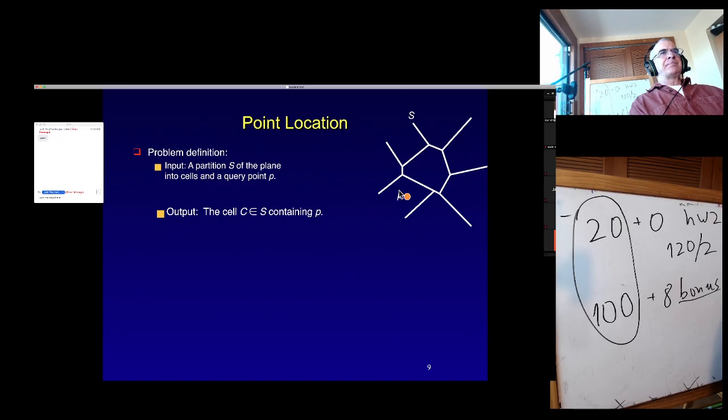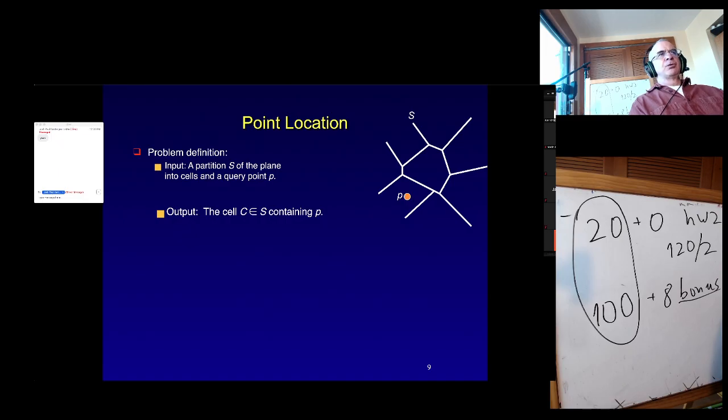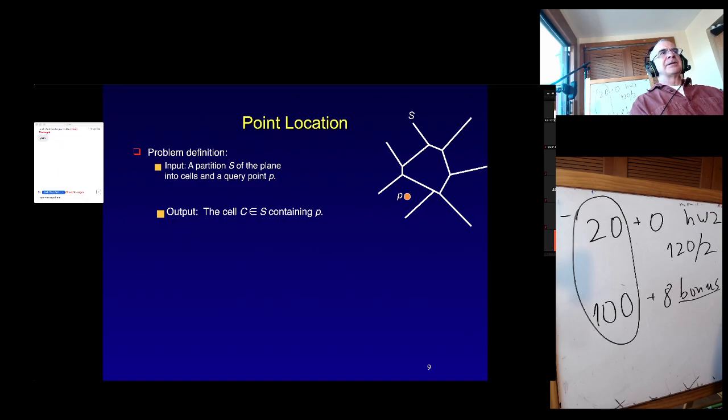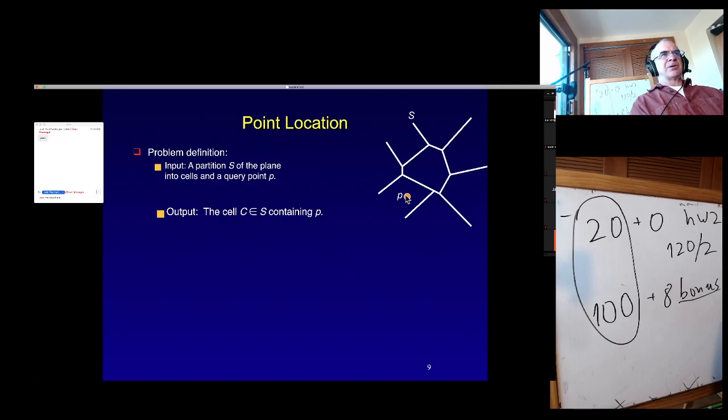You just appeared on the map. Where are you on this map, in which state, or in which room if the structure is not two-dimensional but three-dimensional or even higher dimension. They want to do point location applications, and we'll talk about it.